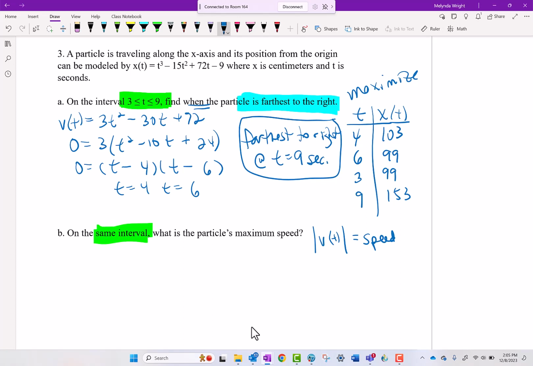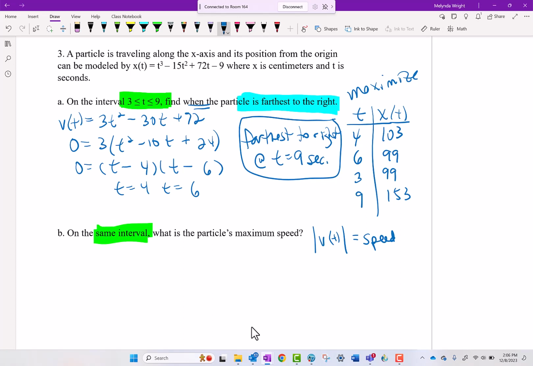So when I wanted maximum position, how did I find my critical numbers? What equation did I use? I used velocity, the first derivative, right? Well, if I want to find maximum velocity, what equation am I going to use to get my critical numbers? Ideas? You're all like, no way. Okay, so let's think about this for a second.